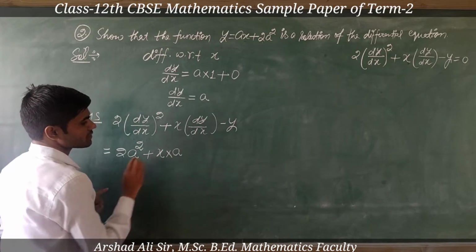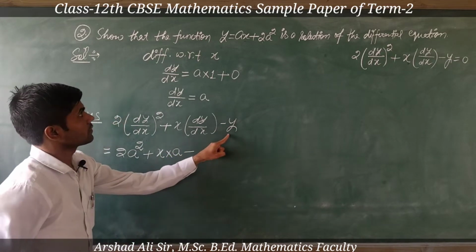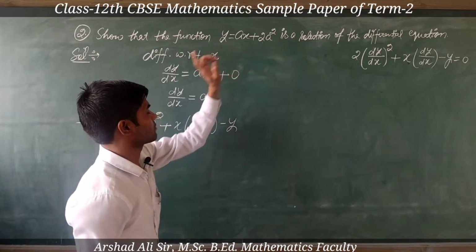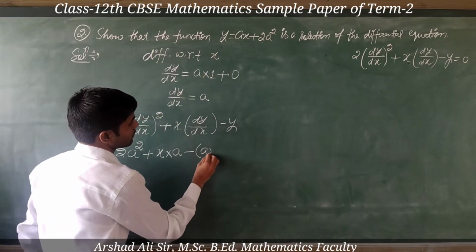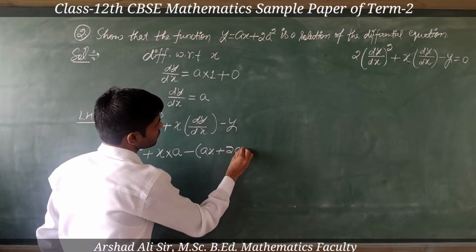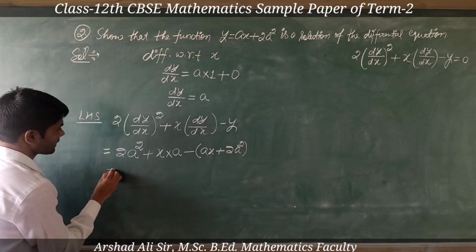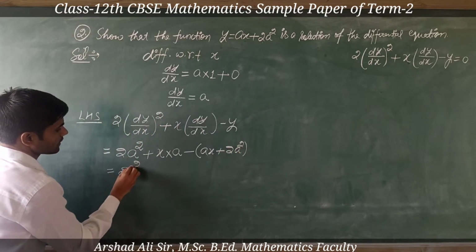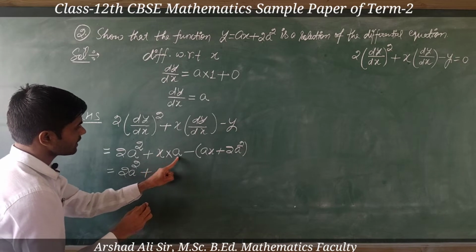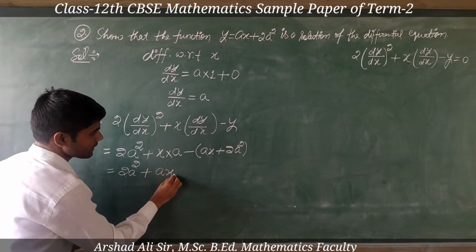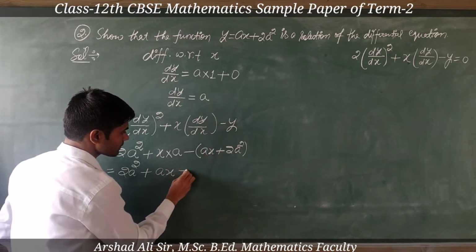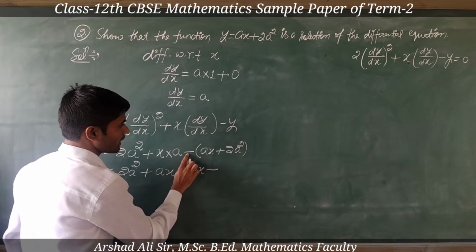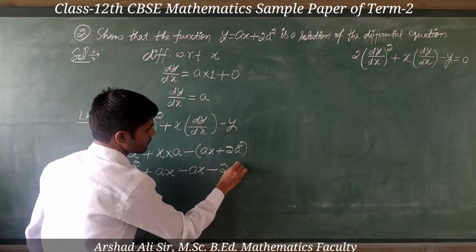So we will write x multiplied by a, minus y. y is equal to ax + 2a². Now we can simplify: 2a² + ax - ax - 2a².